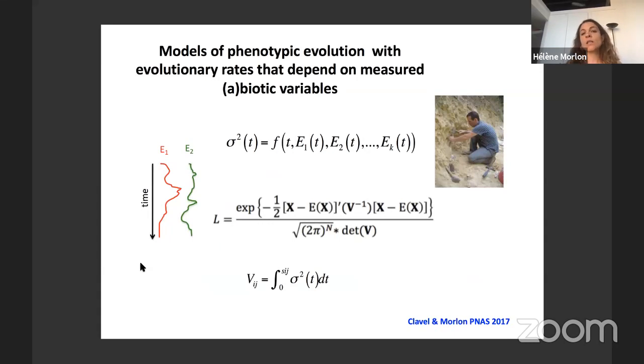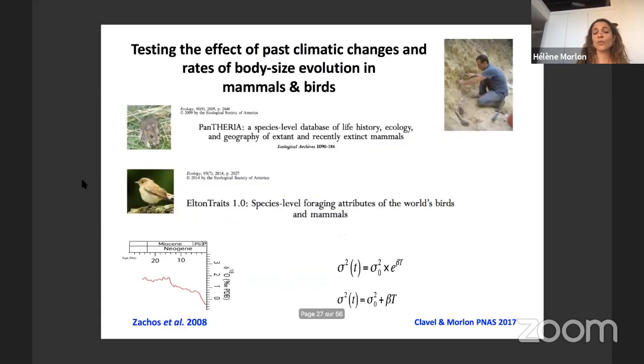Same thing here. We wanted to develop models where we can test for the effect of change in past environmental variables through time on rates of phenotypic evolution. And again, this can be done by integrating some covariates in our parameters and integrating that in the computation of the likelihood. That allows us to compare different models of trait evolution and to test the potential effect of past climatic change on rates.